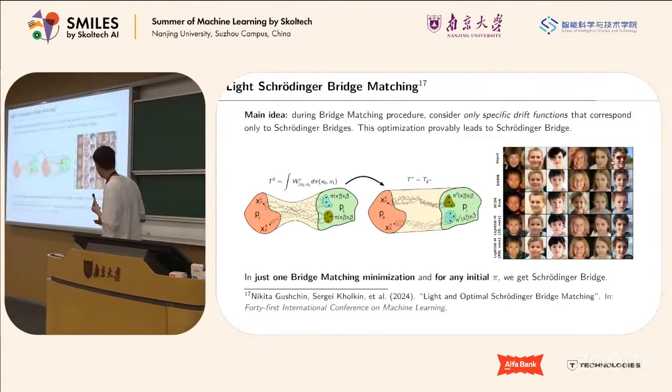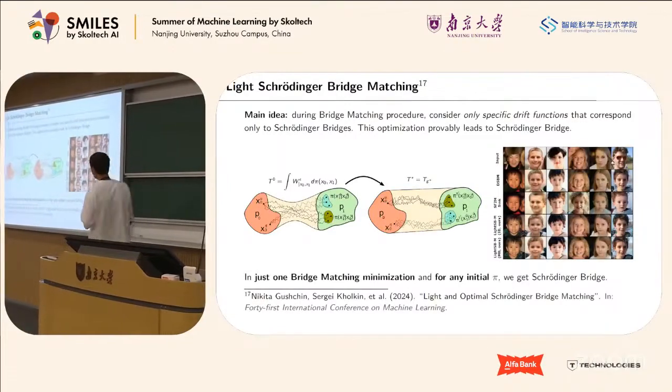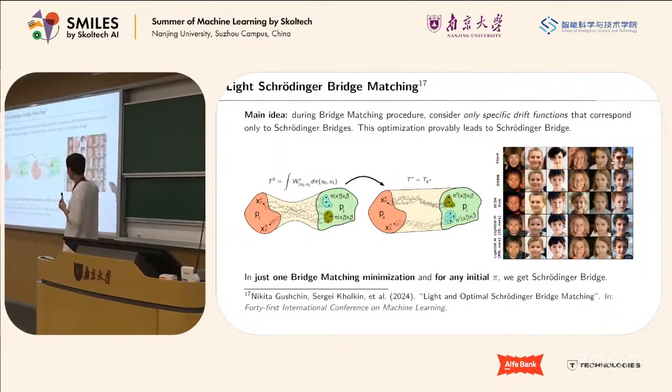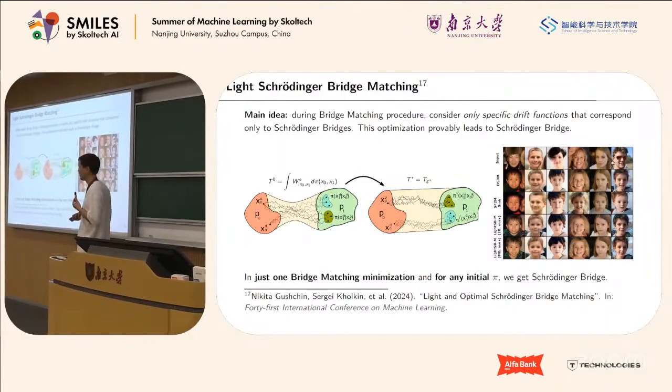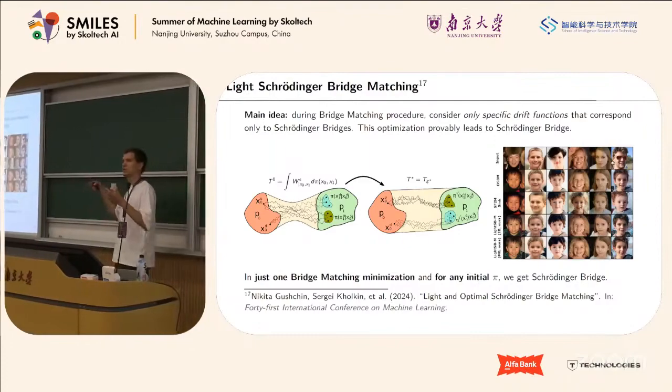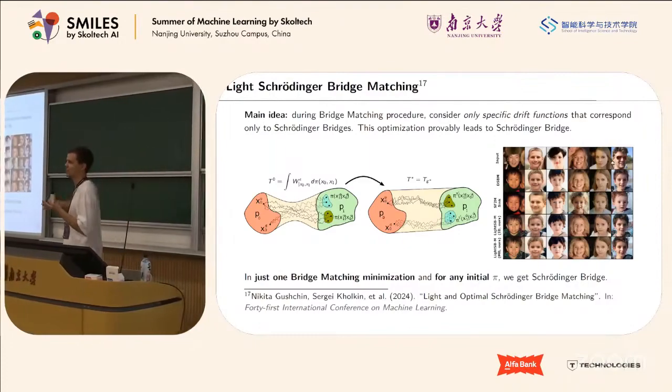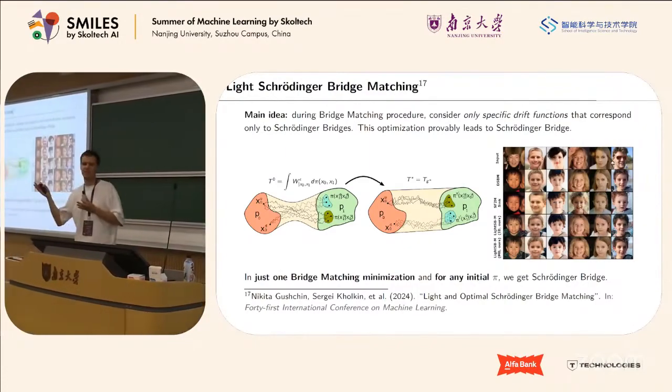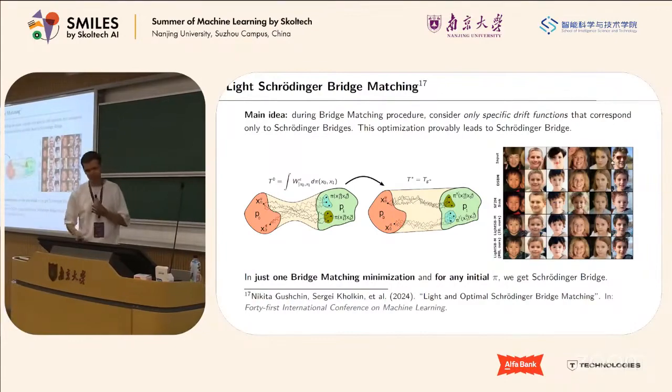In fact, the same can be used for bridge matching. There is a paper, our paper, called Light and Optimal Schrödinger Bridge Matching, which tells you that you can obtain this optimal projection, which converges to entropic optimal transport, in just one step, if you consider specific parameterization and so on.